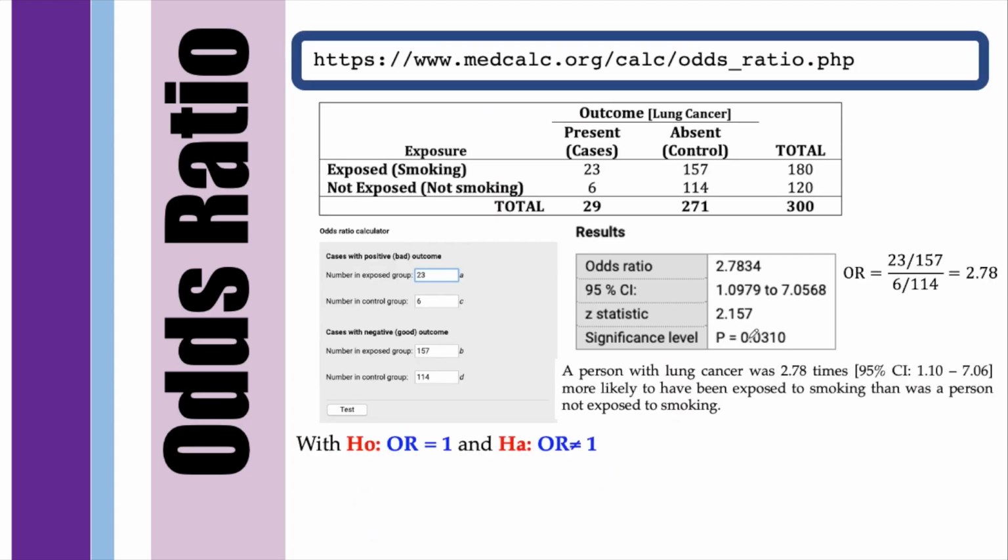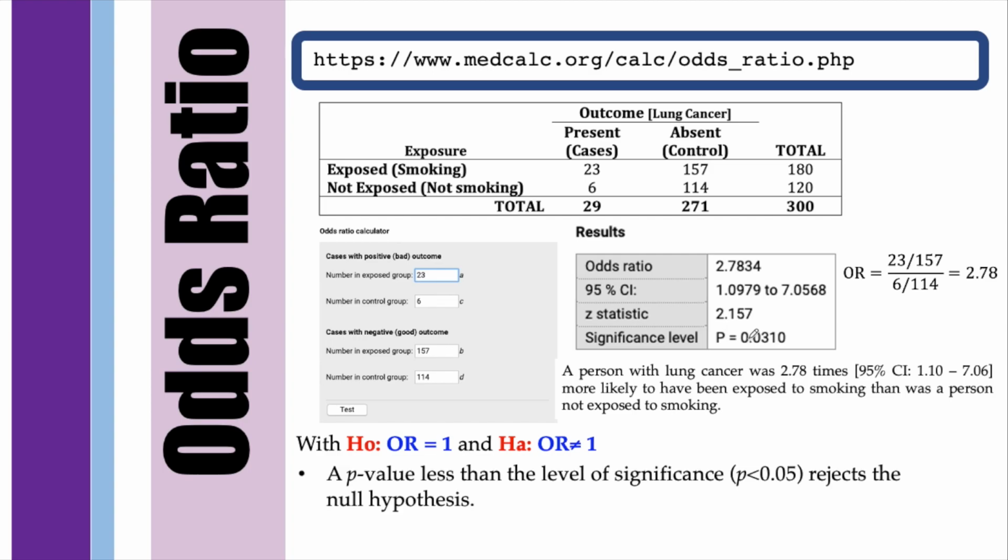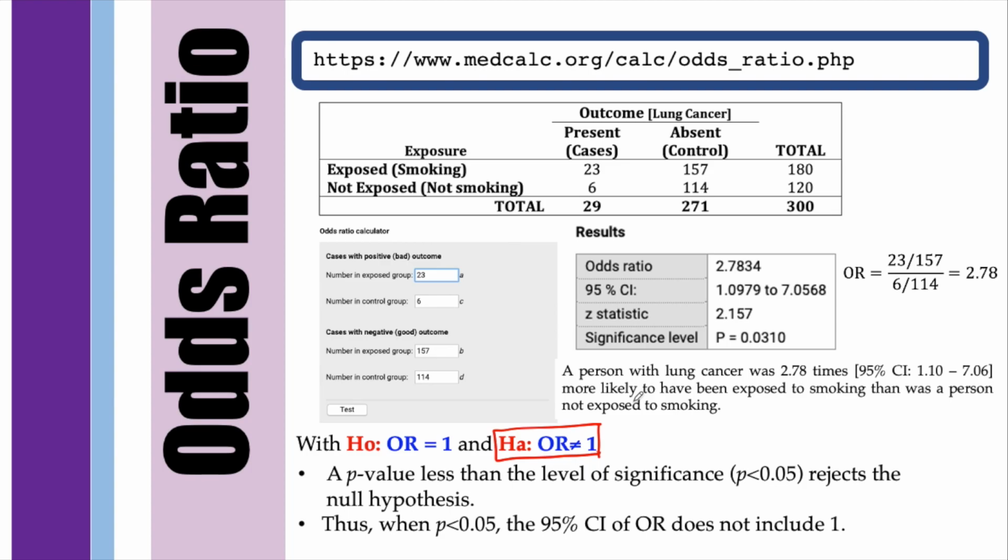So with the null hypothesis of the odds ratio being 1 and the alternative hypothesis of the odds ratio not being 1, remember that a p-value less than alpha, usually 0.05, rejects the null hypothesis. If the null hypothesis is rejected, you're going to claim in favor of the alternative hypothesis. Thus, a p-value less than 0.05 indicates that your odds ratio, even in the confidence interval, does not include 1.